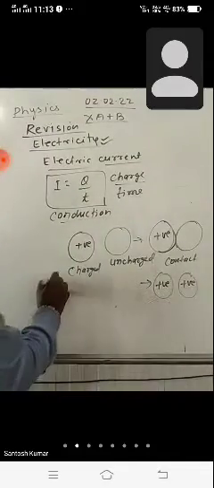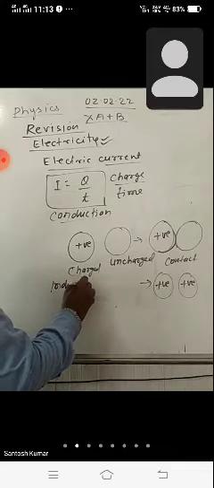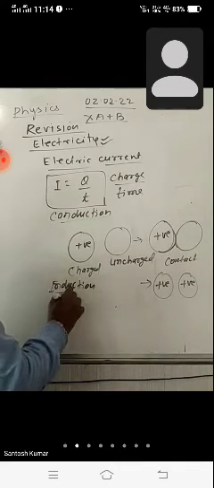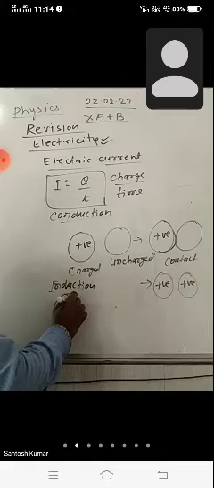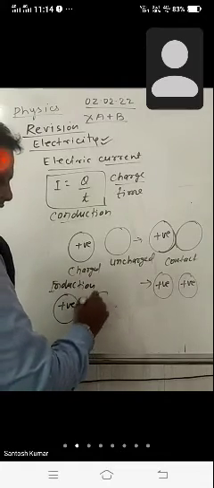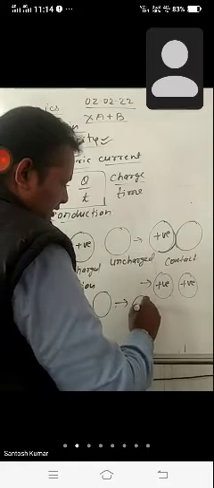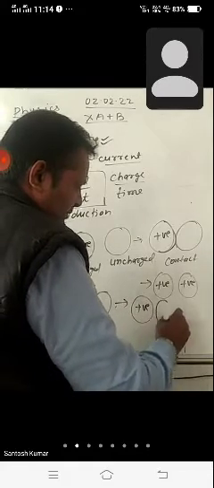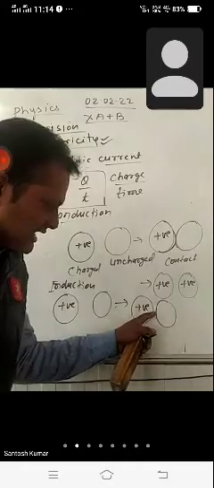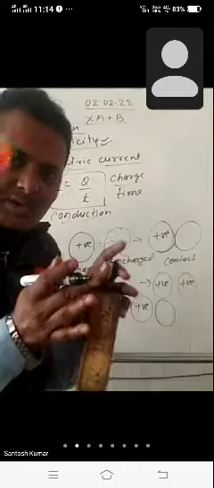But in the case of induction, just see, this is the charged body, this is the uncharged body. The charged body is placed nearby the uncharged one. Just see, nearby, close, but no contact.